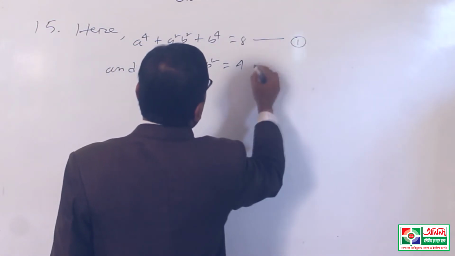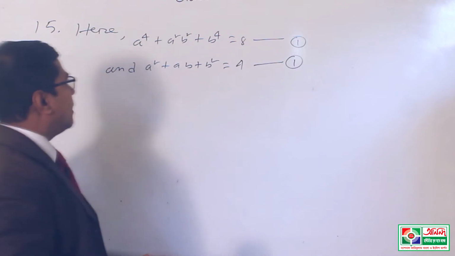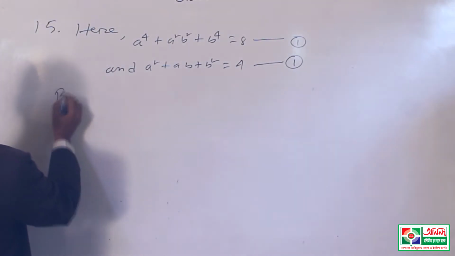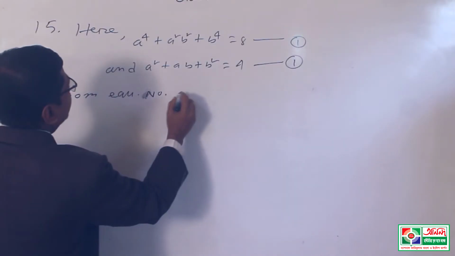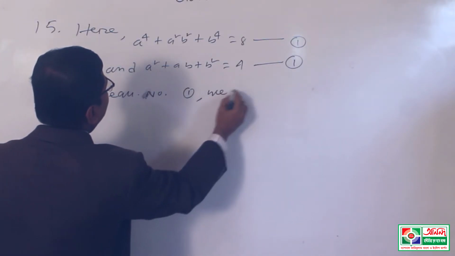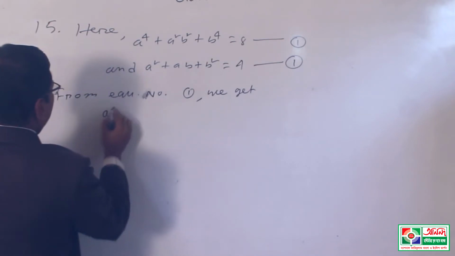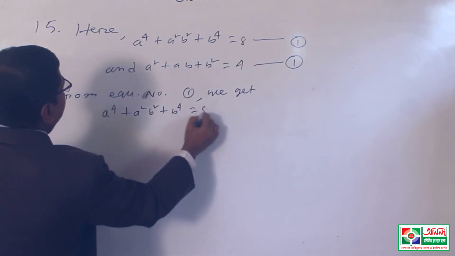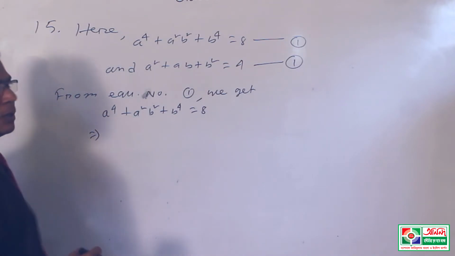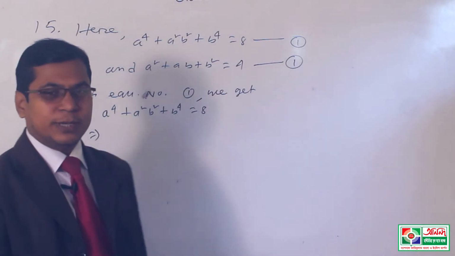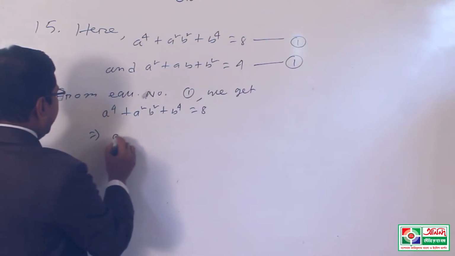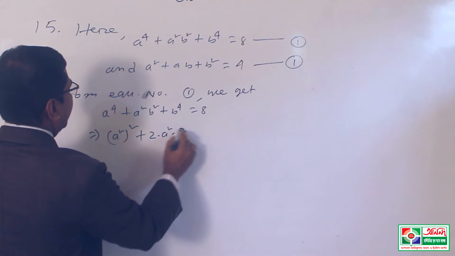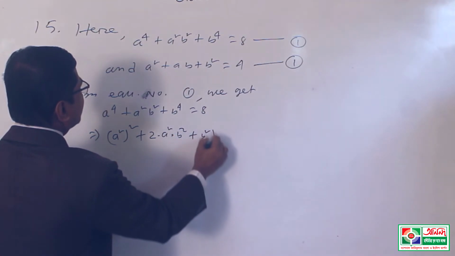Now we can write the equation number 1 and equation number 2. From equation number 1 we get a to the power 4 plus a square b square plus b to the power 4 equal to 8. Now we can apply the formula of a plus b whole square, and we can form it a square whole square plus 2 into a square into b square plus b square whole square.